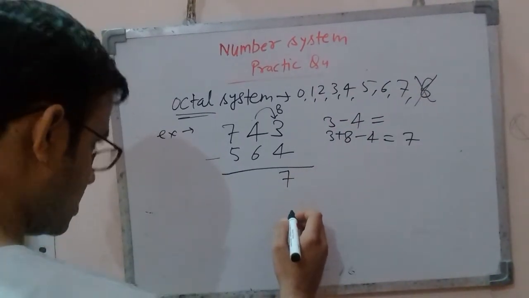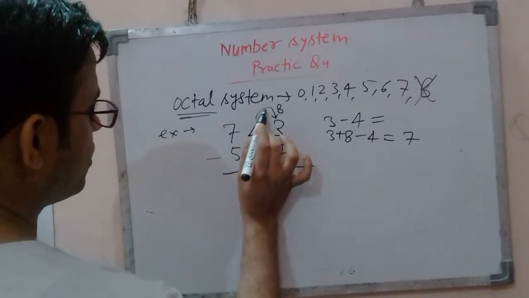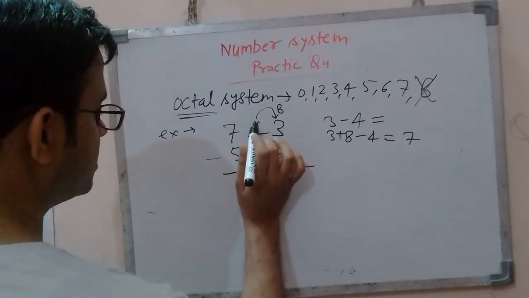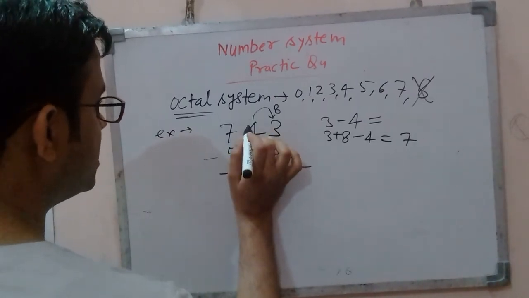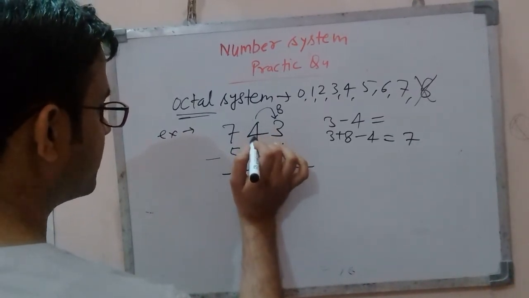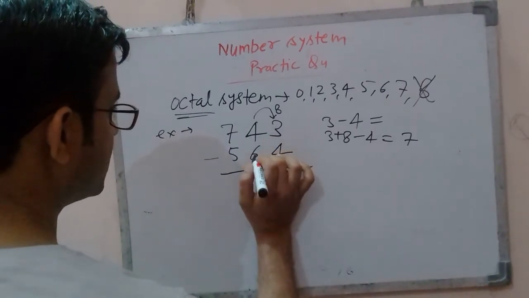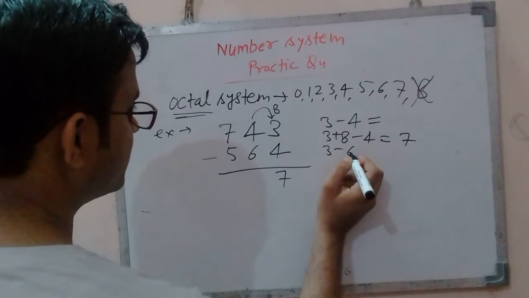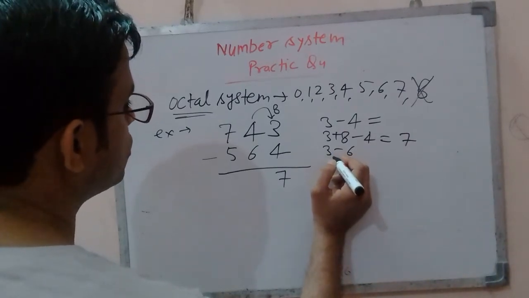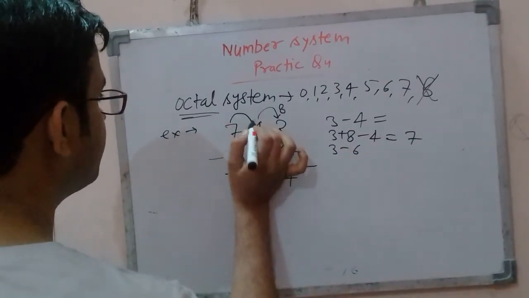Okay. Now when you take one borrow from this number 4, what is remaining? 3 is remaining. Now 3 minus 6, can you subtract 6 from 3? Answer is no. That means again you will have to take a borrow.